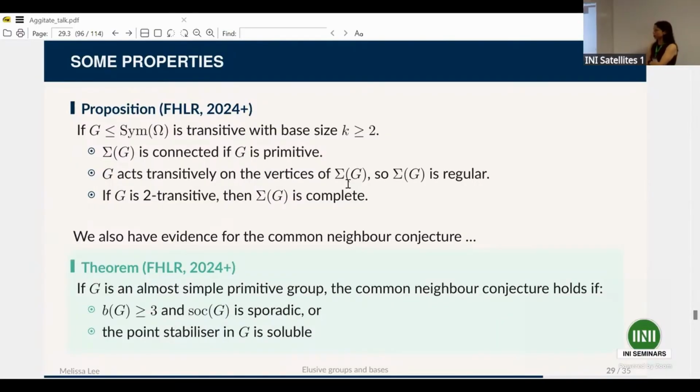We were able to show that if you have an almost simple primitive group, then the common neighbor conjecture holds for groups of base size at least 3 where you have sporadic socle, and also in cases where the point stabilizer is solvable. Okay, so we're hopeful that in future we can prove this conjecture in more cases, but as I said, as you increase the base size, everything becomes a bit more difficult. Okay, so we've got some evidence there.